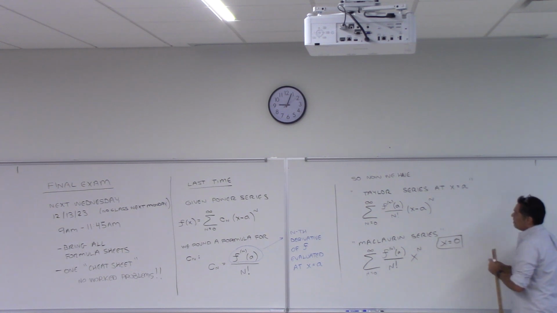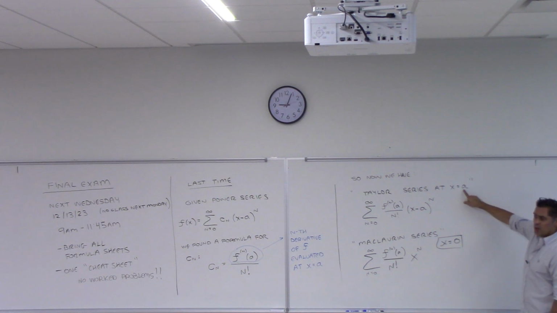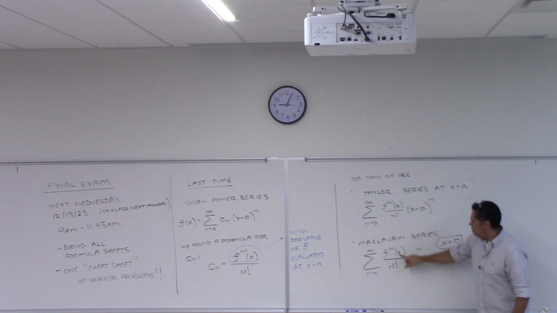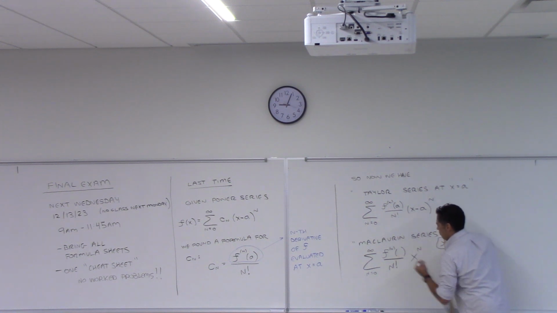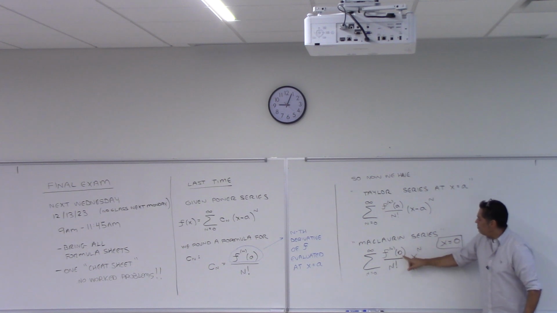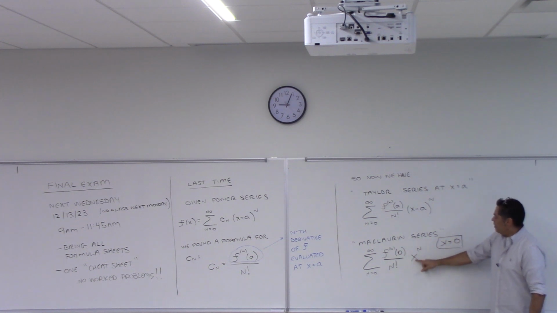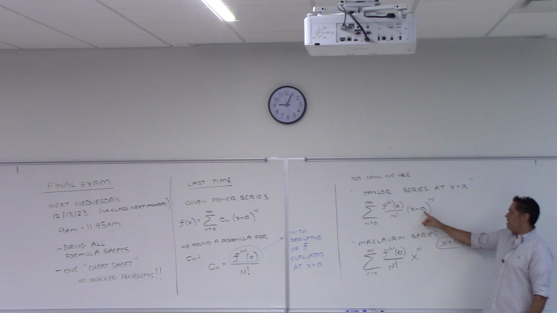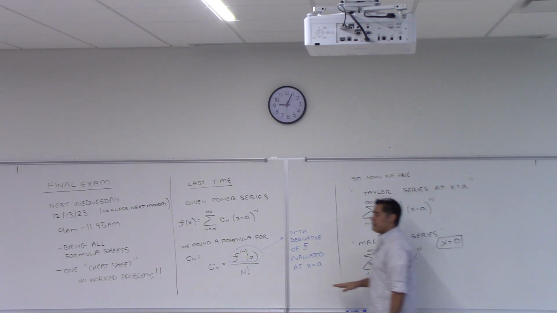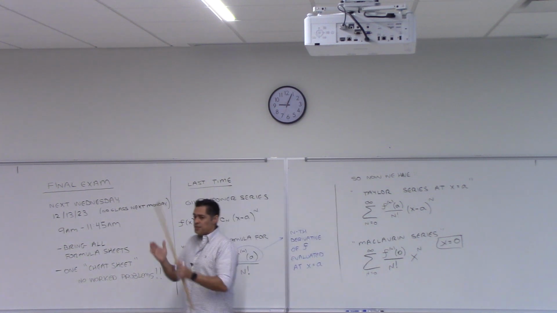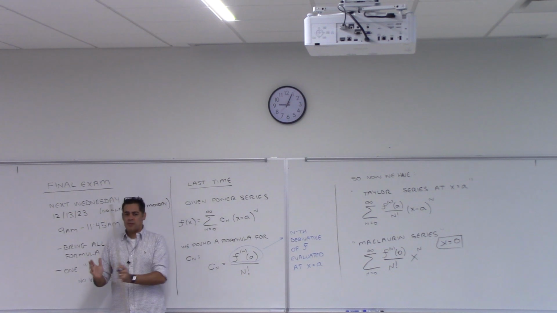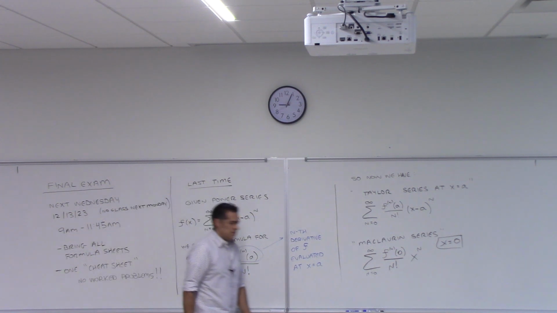So if you take the Taylor series and replace all your a's with zeros, this becomes the nth derivative at 0 over n factorial, and then x minus a to the n, but a is 0, so this is just x to the n. So the Maclaurin series is a power series centered at 0. A Taylor series is centered somewhere else. That's all the difference is.